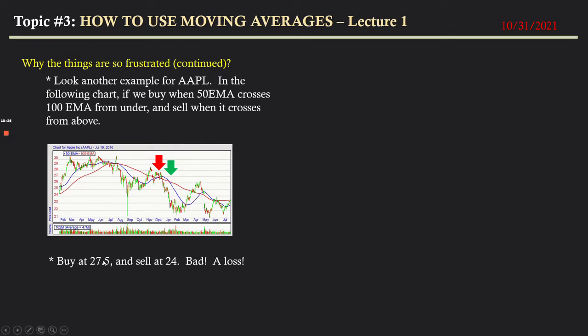And now you buy at 27.5 and sell at 24, which is very bad because you lost money. The reason is that when the moving averages cross here, the stock does not go up anymore. It's kind of a fake signal, right?